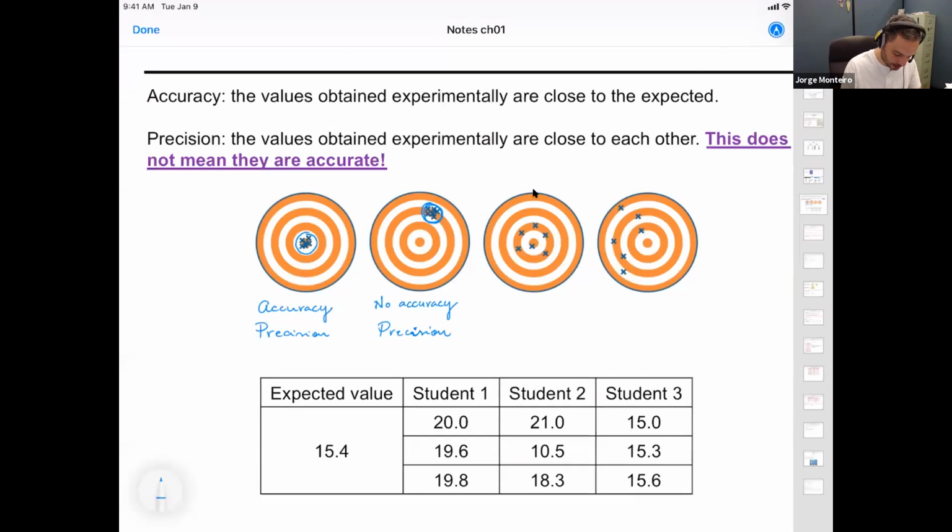Now let's take a look at the third person here. So the darts are more scattered, but they are fairly close to the bullseye. Okay. So first question here is this person accurate? Are the experimental values close to what was expected? This person is pretty accurate. So there is a good accuracy here.